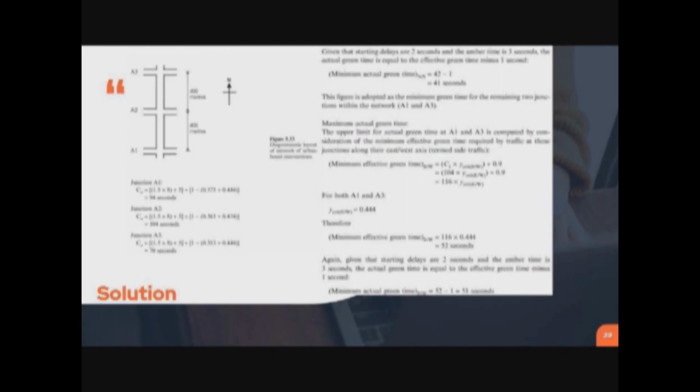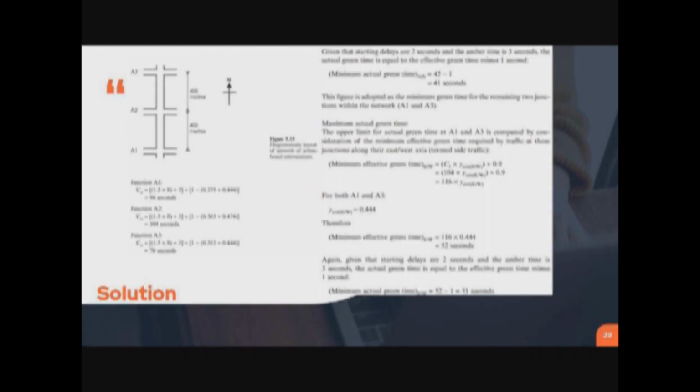Here we have the critical ratios for intersections A1, A2, and A3. Based on these, the optimum cycle time is 94 seconds for junction A1, 104 seconds for junction A2, and 70 seconds for junction A3.